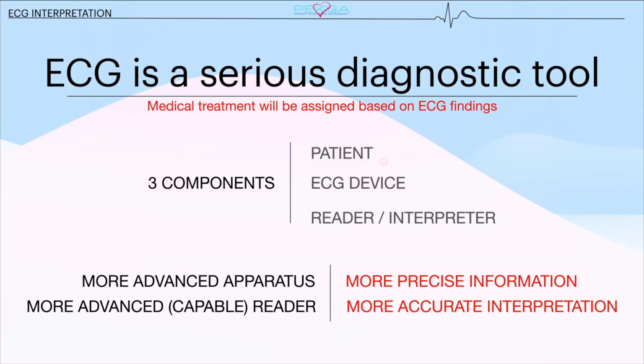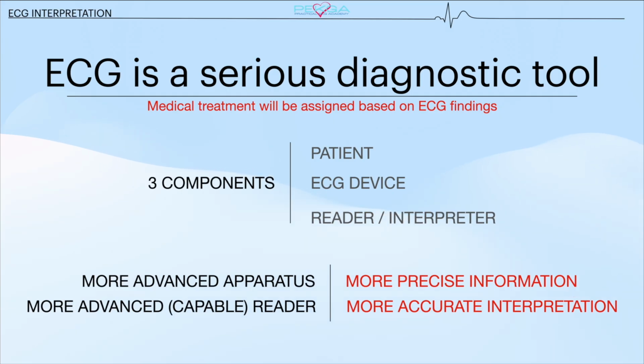You need a patient, you need an ECG device, and you're going to need somebody that's going to read or interpret these results. So three components are necessary for what we term an ECG. All right, now you can go into, you need paper, you need this, you need that, you need all of that. But these are three essential components, right? Now, the more advanced the apparatus or the ECG device, the more precise the information is going to be.